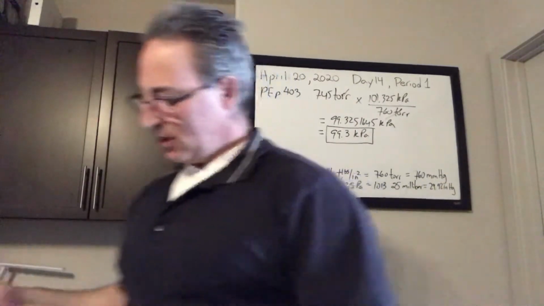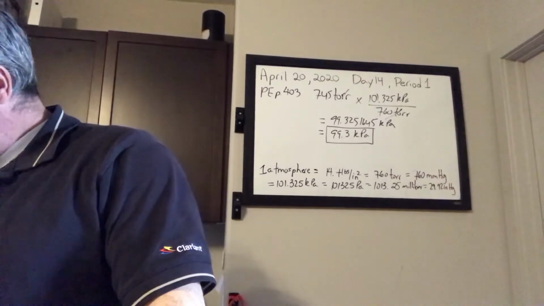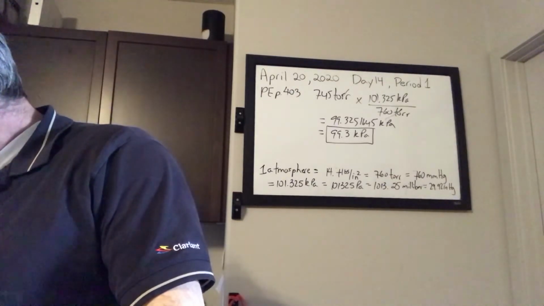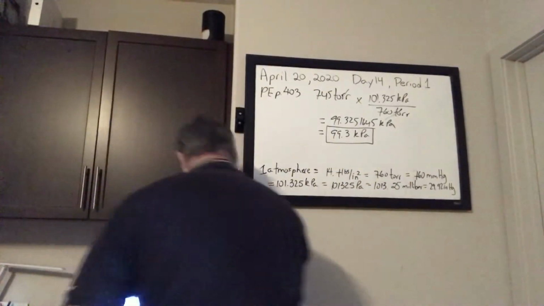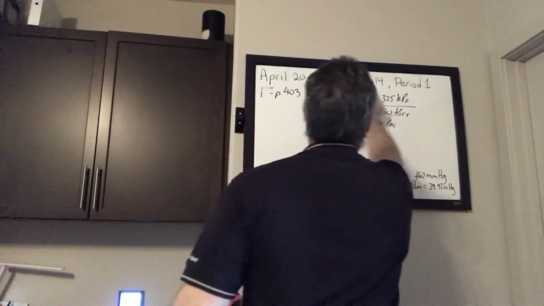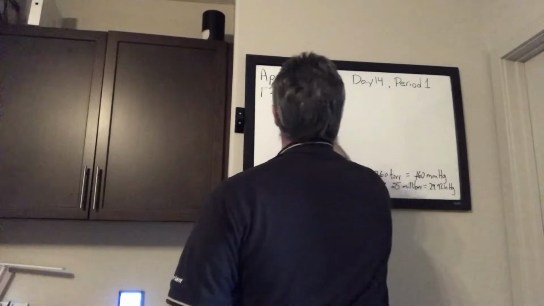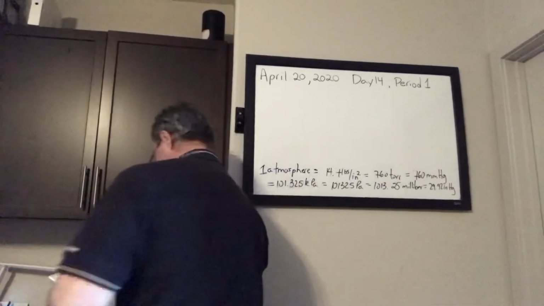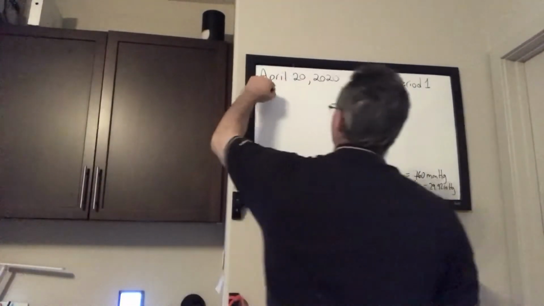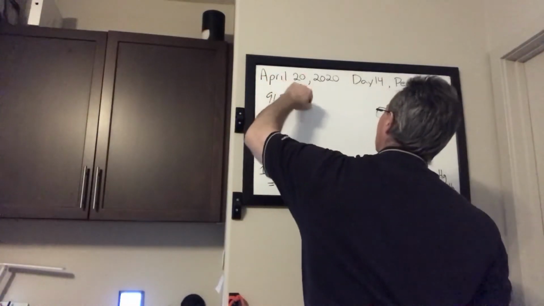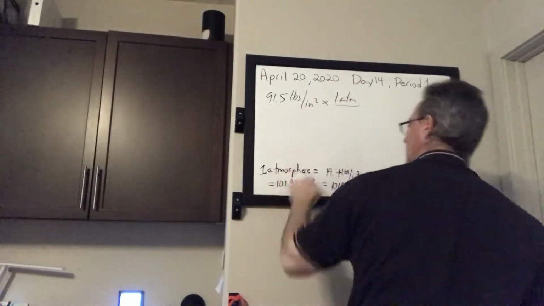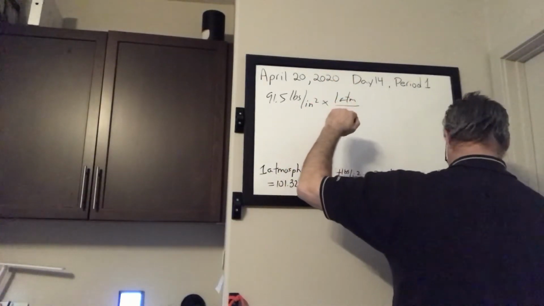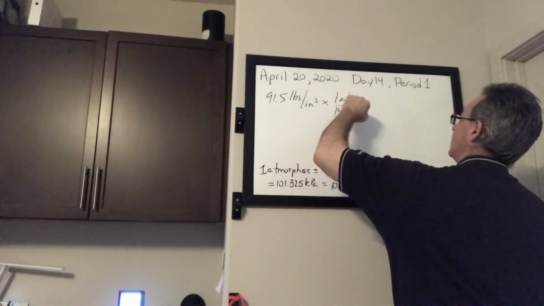The next question in that series is convert 91.5 pounds per square inch into atmospheres. So 91.5 pounds per inch squared times 1 atmosphere, see I got that here, per 14.7 pounds per square inch.